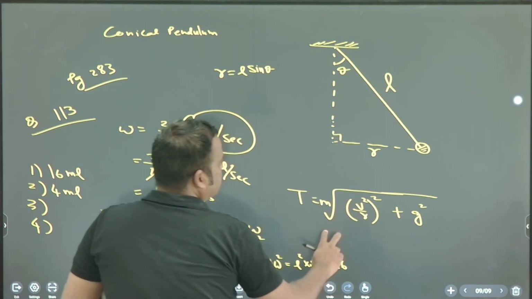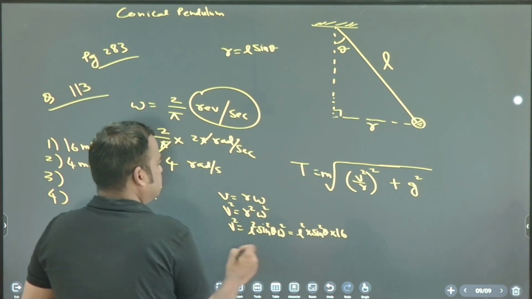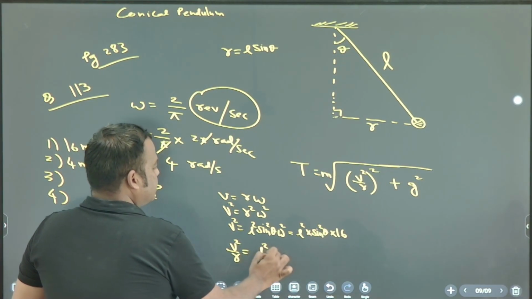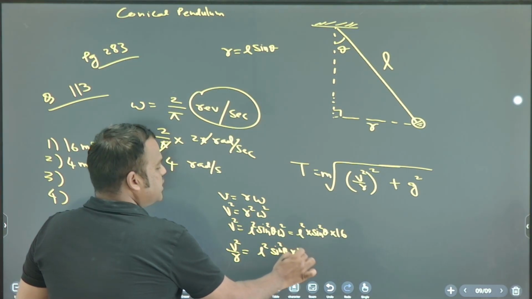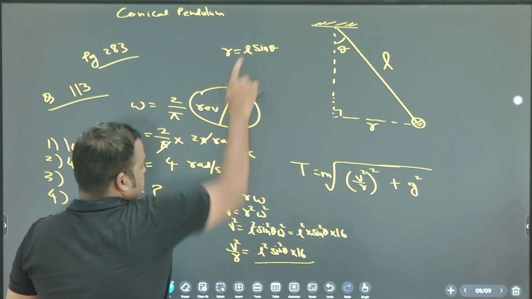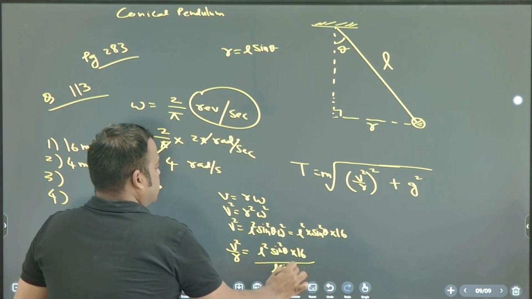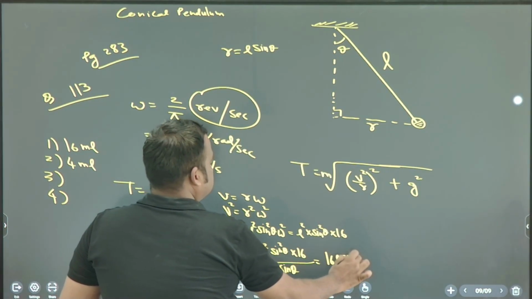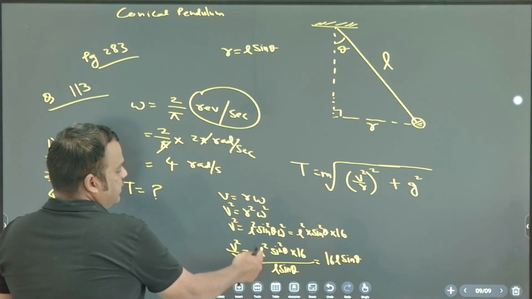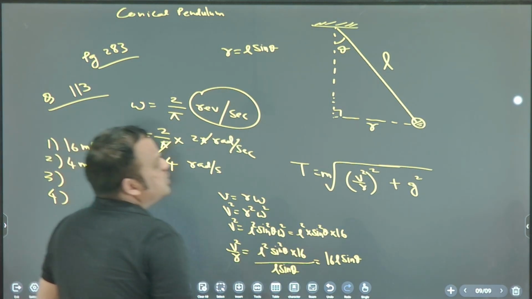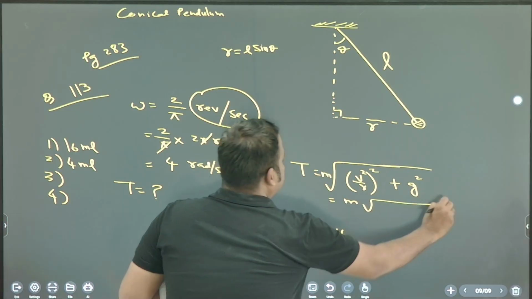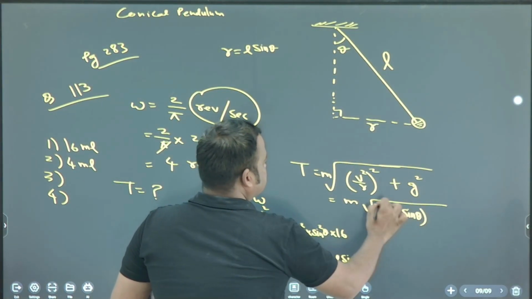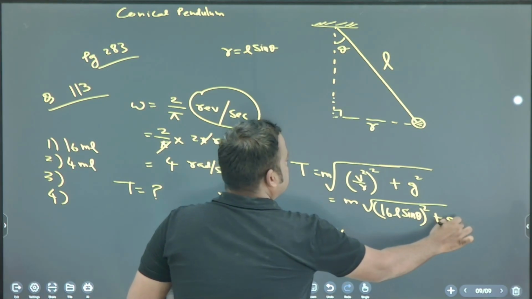So what is V square by R? L square sine square theta into 16 by R, L sine theta. So this is 16 L sine theta, correct? L cancel, sine theta cancel. So tension will be m square root 16 L sine theta whole square plus G square.